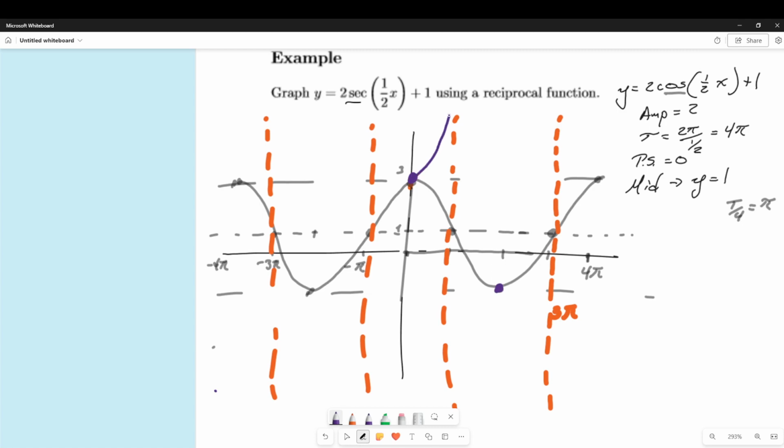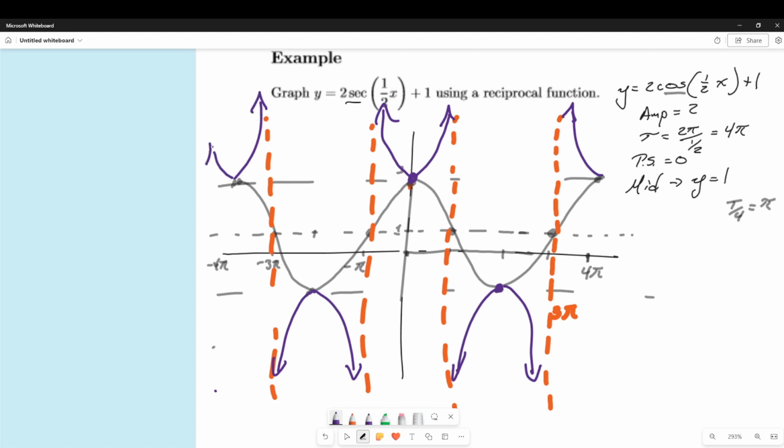So just go to those maxes and mins and flip the graph upside down. And that purple is the graph of 2 secant 1/2 x plus 1.